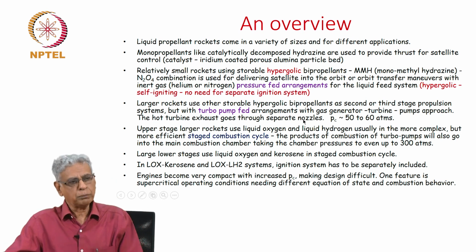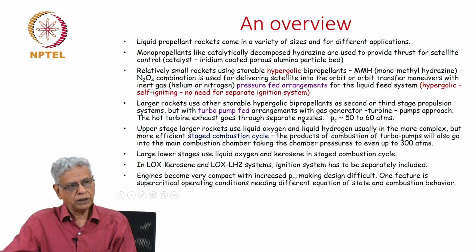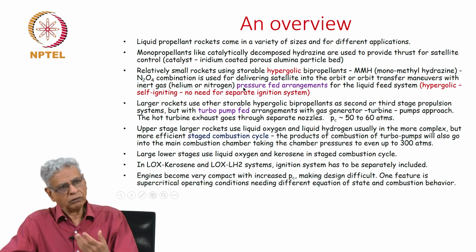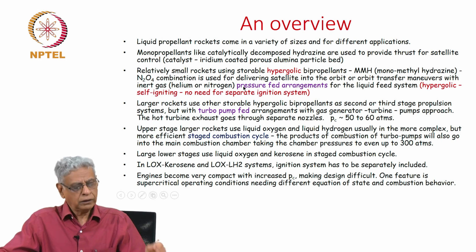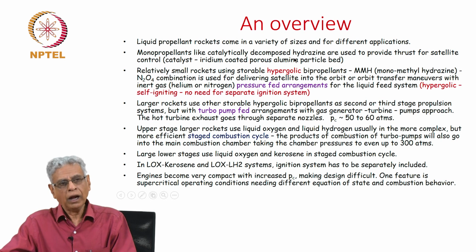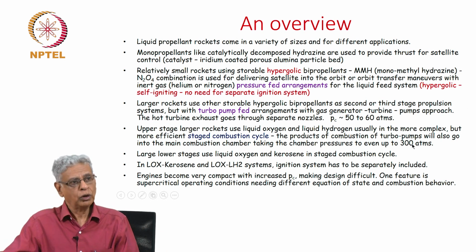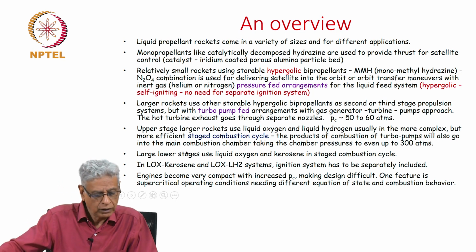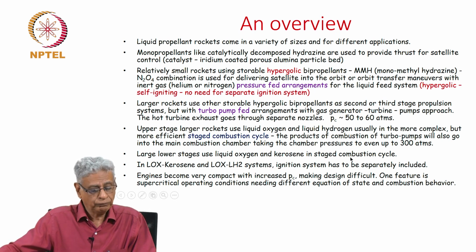Now, I say 300 atmospheres; in one engine under development at LPSC, it is around 170 atmospheres or so, but Elon Musk has used an engine from Russia, and there the chamber pressure goes up to 300 atmospheres. Larger lower stages use liquid oxygen and kerosene, again in a staged combustion cycle.